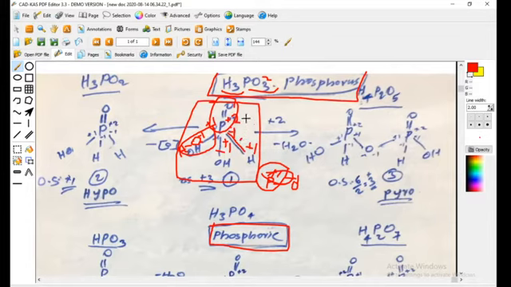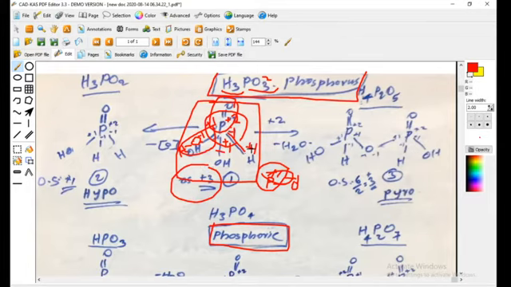So around phosphorus the total charge is plus 2 here, plus 1 here, plus 1 here, minus 1 here. The plus 1 and minus 1 cancel, leaving plus 2 and plus 1. So the oxidation state is plus 3.